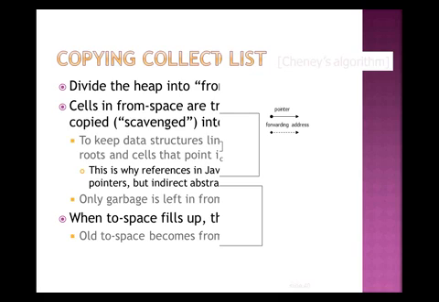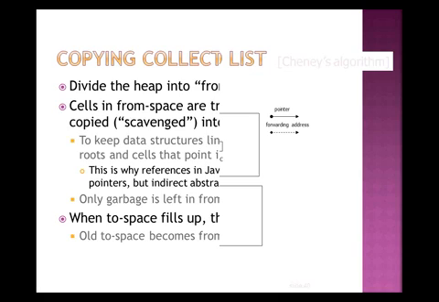To keep the data structure linked, we must update the pointers for the roots and cells that point to the from space. This is why references in Java and other languages are not pointers but indirect abstractions for pointers. Only garbage is left in from space.